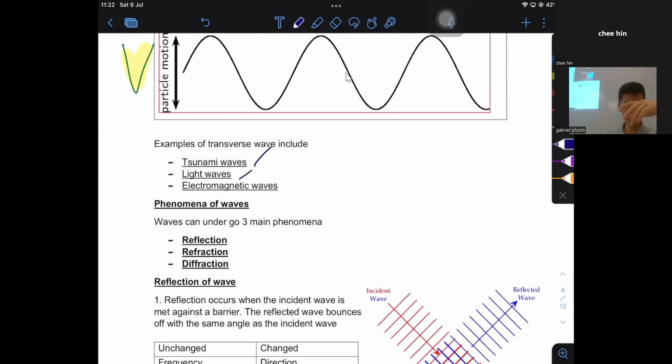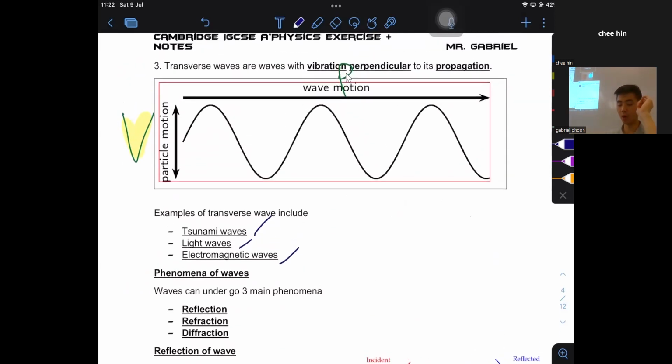Light waves, the name suggests itself. And electromagnetic waves, guys. Electromagnetic waves is a whole new chapter of its own. It includes radio wave, microwave, infrared, visible light, ultraviolet, X-ray, and gamma ray. All these are electromagnetic waves, and all of them are transverse waves.